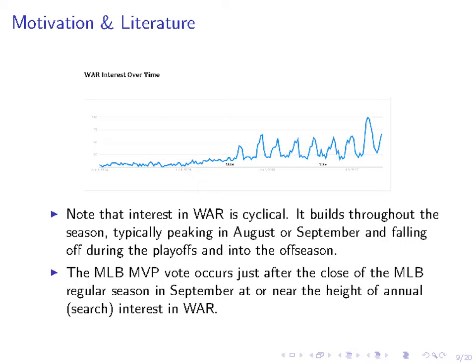We see that interest in WAR is cyclical. It builds throughout the MLB season, typically peaking in August or September and falling off during the playoffs and into the off season. The MLB MVP vote occurs just after the close of the MLB regular season in September, at or near the height of annual search interest in WAR.